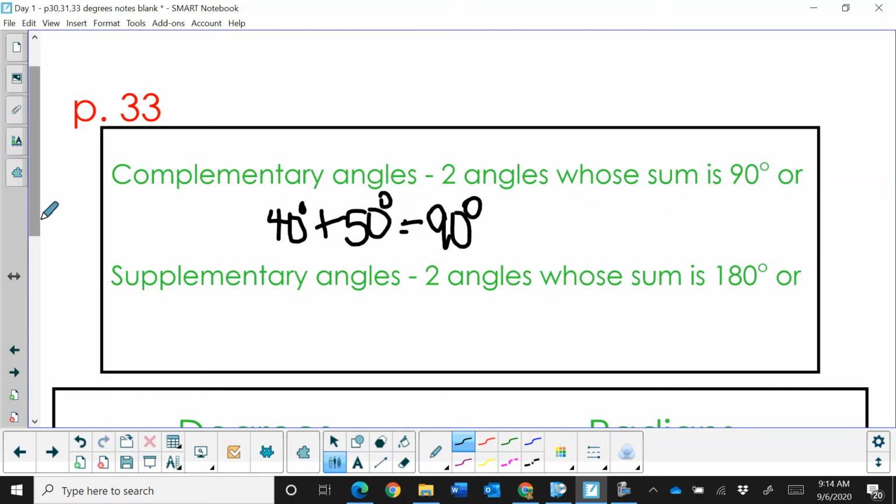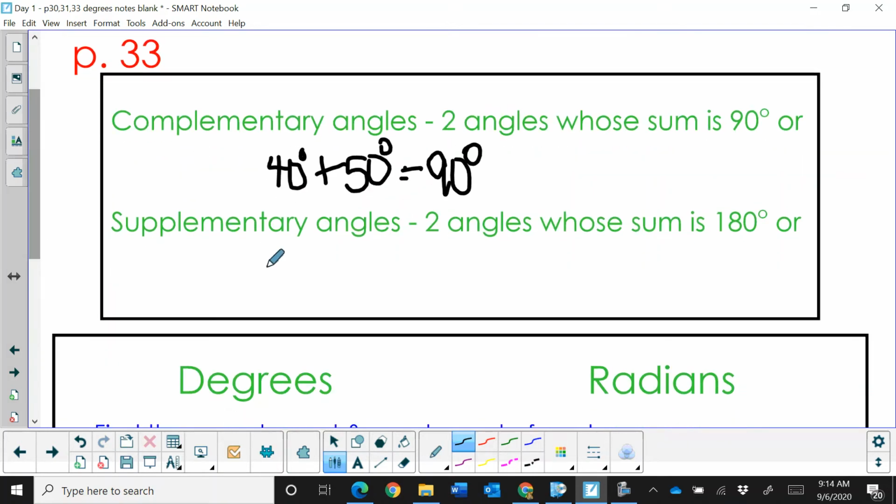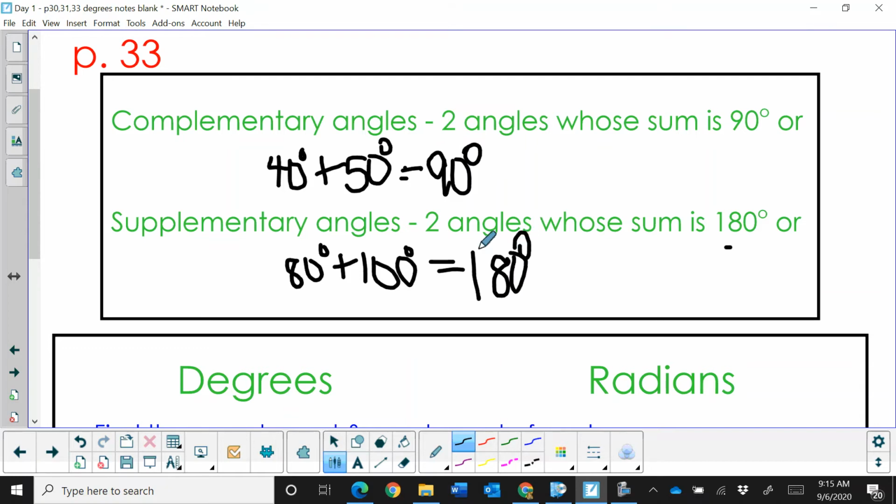Those are complementary. Now, supplementary angles. There are two angles whose sum is 180 degrees. So you might have 80 and 100, or you might have two 90-degree angles. But it's any two angles whose sum is 180 degrees.